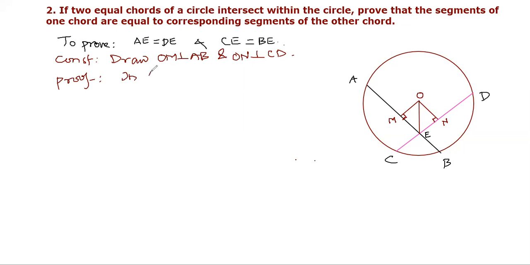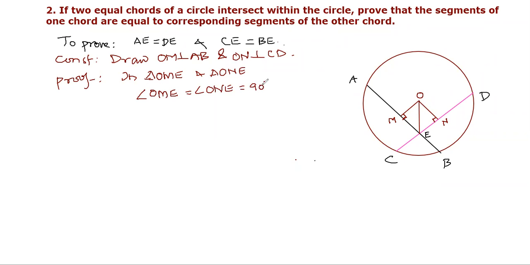In triangle OME and triangle ONE, first you have to show one angle is 90 degrees. So angle OME and angle ONE are equal to 90 degrees.